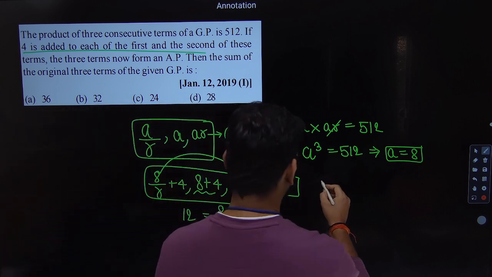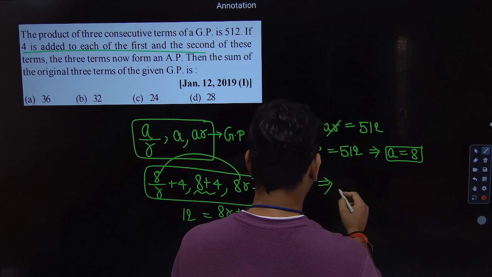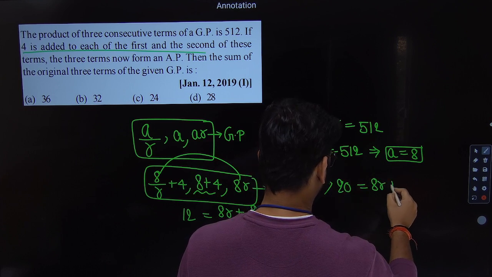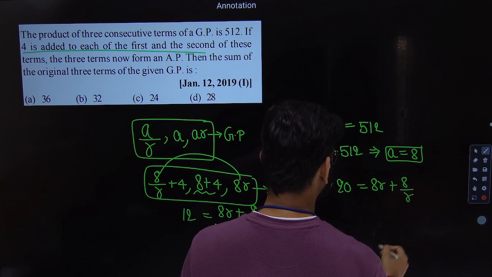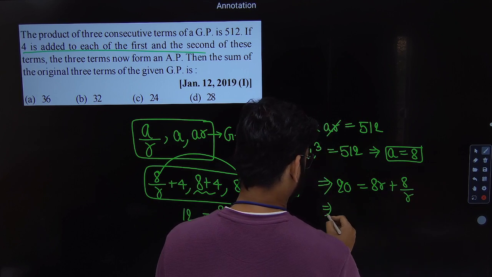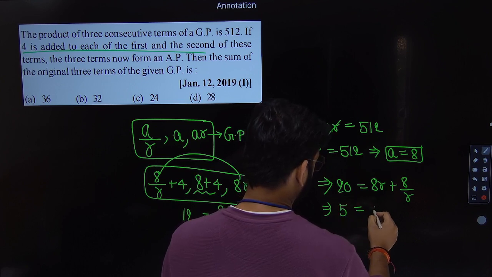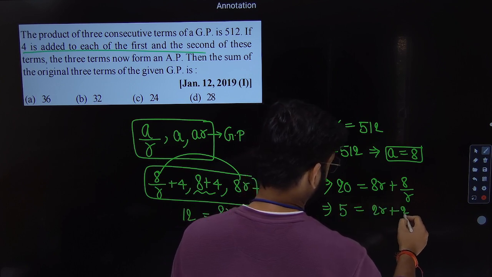No. 24 minus 4, 20. 4 5s are 20. 4, 2R plus 2.